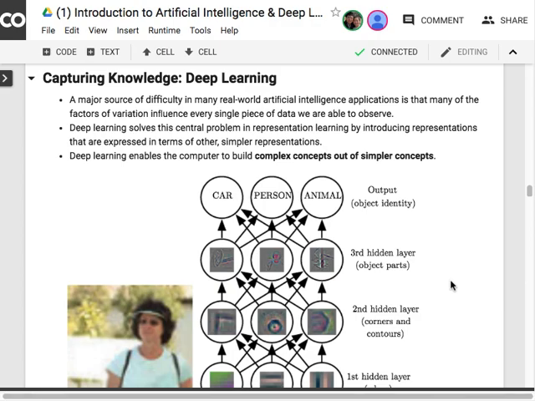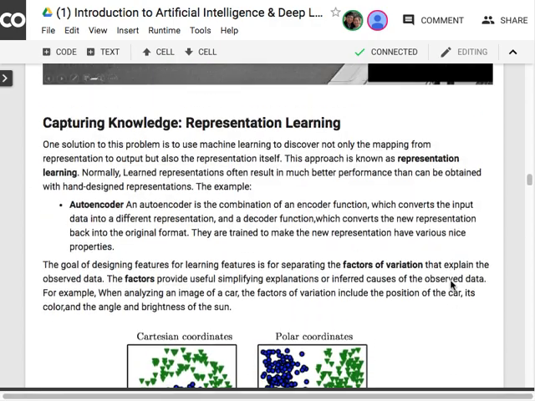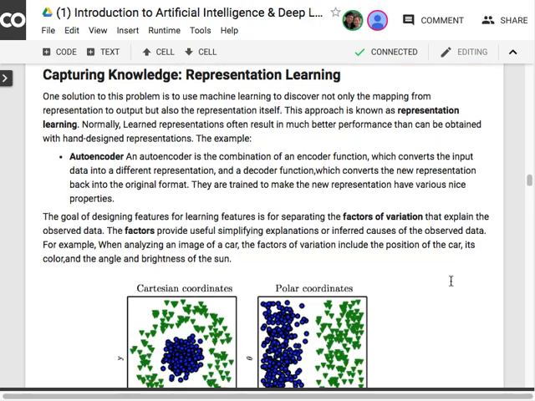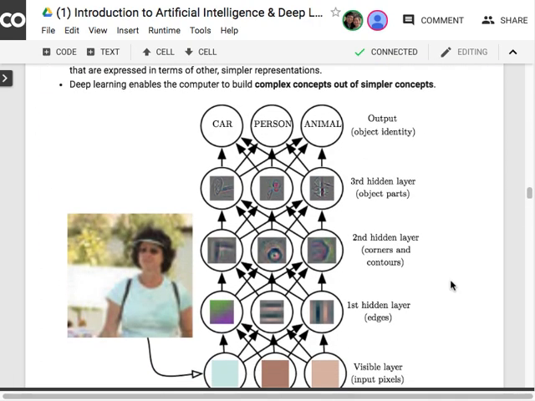If you compare to the previous representation learning, it had only one layer, but this one can have as many layers as you want. It describes a feature by using the earlier layers of features, and it matches real-world situations. This is why deep learning has become super popular, because it can capture our knowledge of this world the best, very well.